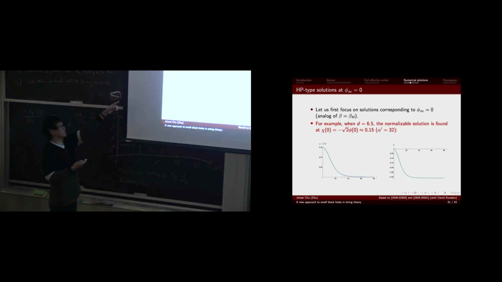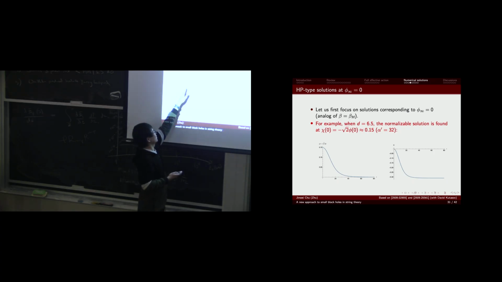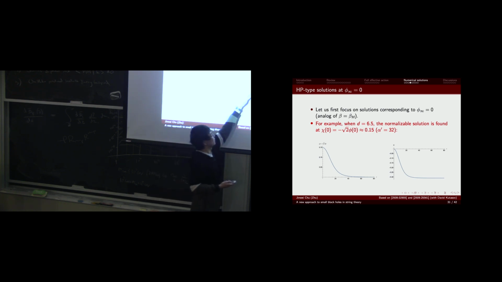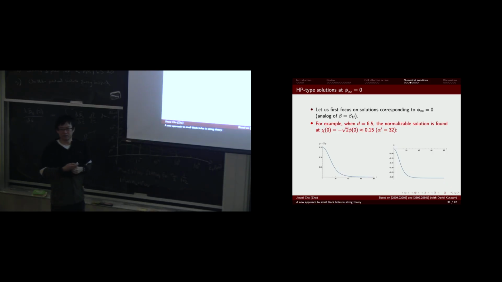So for example, I take d to be 6.5, and we have this solution. Chi and phi are related linearly, actually, and they decay to 0 at large r. This dilaton capital Phi starts from 0 at the origin and decreases, and converges to some negative constant at large r.